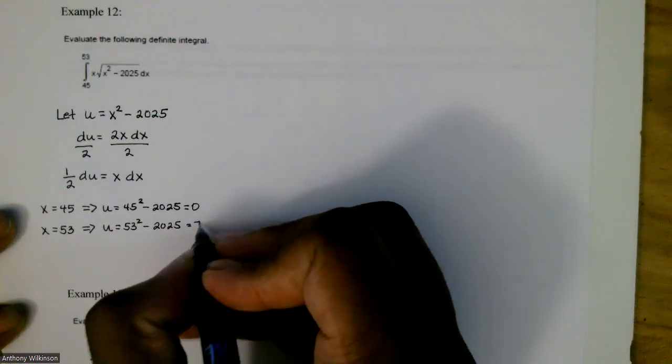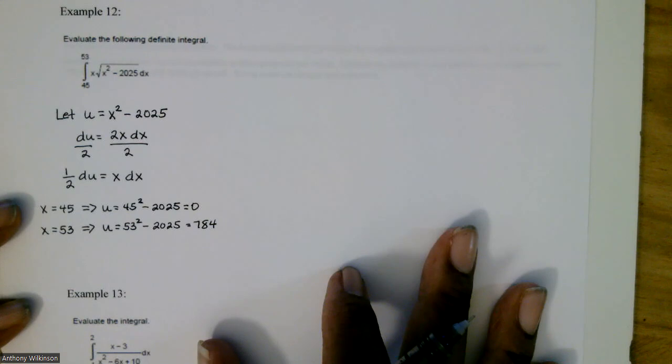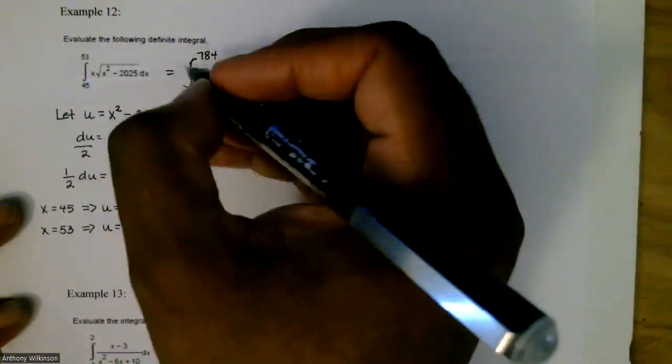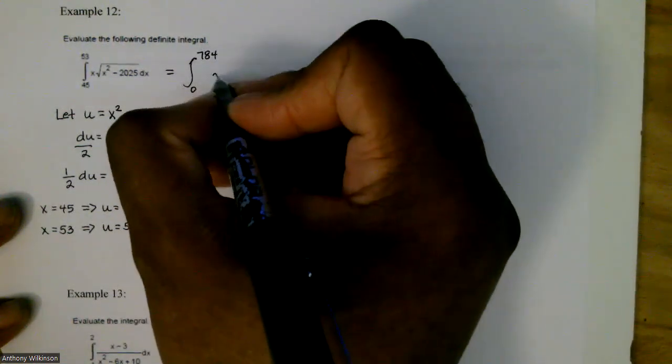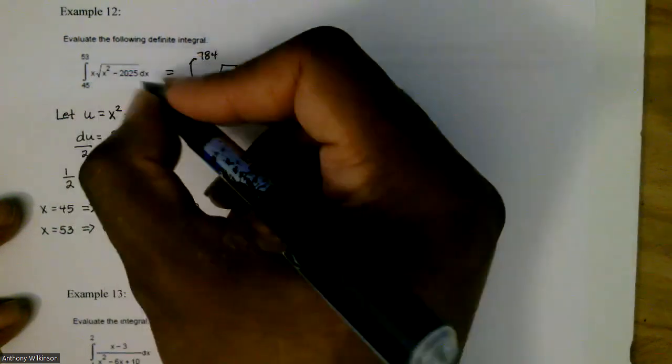So now my new limits will be from 0 to 784. Okay, so I'm going to go up here, write this as the integral from 0 to 784, and then do my substitutions here. This would be the square root of that x squared minus 2025, that's going to be the u. x dx is this 1/2 du.